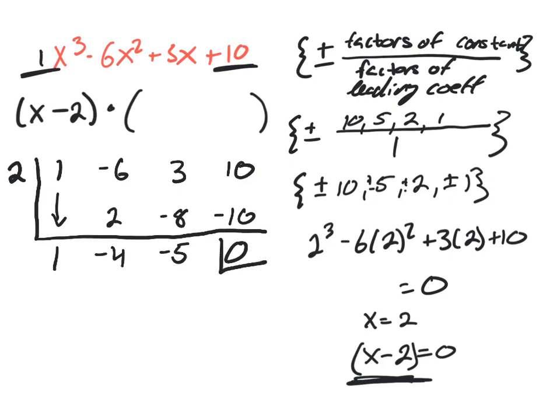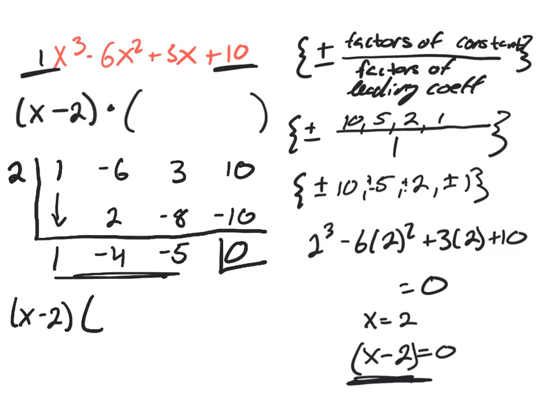And very nicely, this went in evenly, which we expected because it is a factor. So if you successfully picked a factor when you do your synthetic division, you will always end up with a remainder of 0.